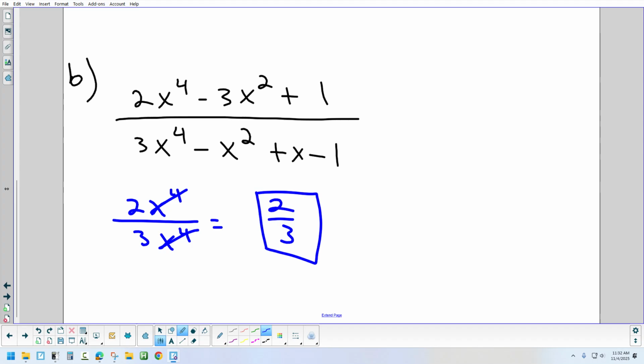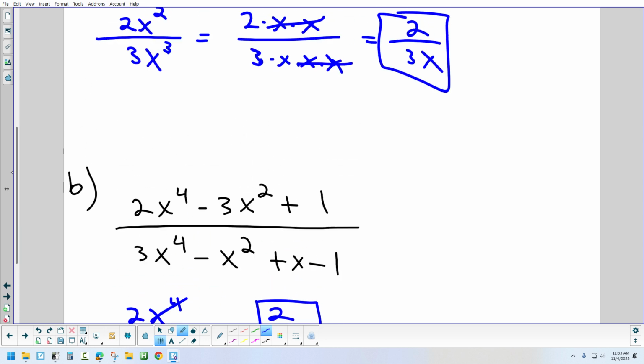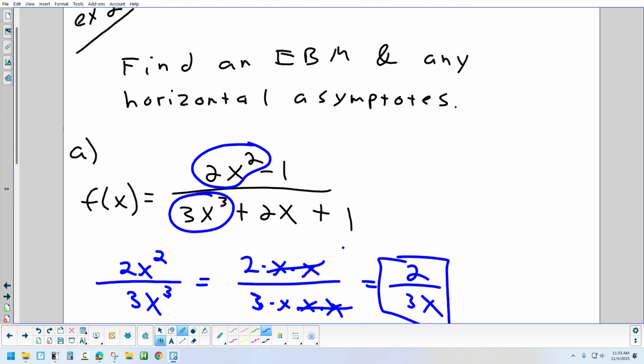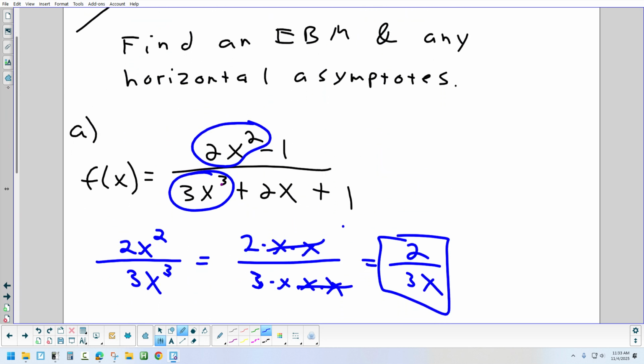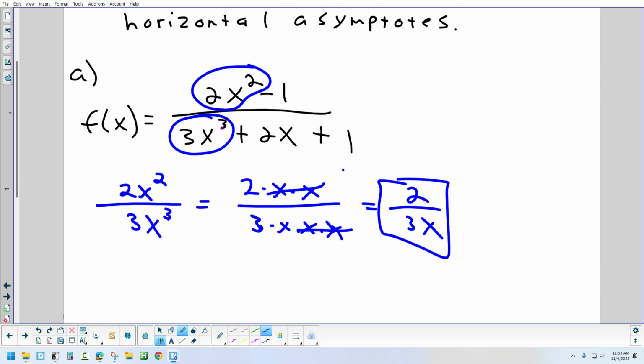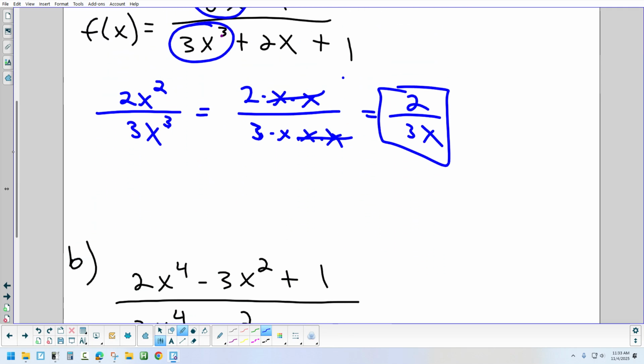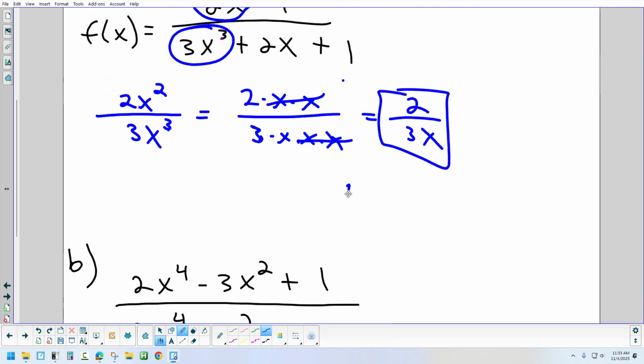2/3 is the EBM. Now, there was a second part to each of these questions that I didn't address yet. It said, find the EBM, which I've now done, and any horizontal asymptotes. When we write a horizontal asymptote, it always starts out with what letter?